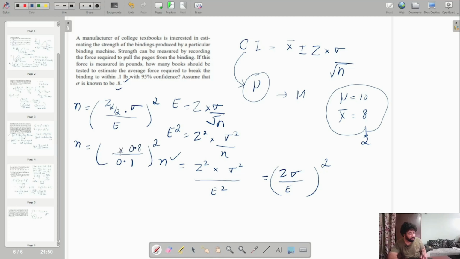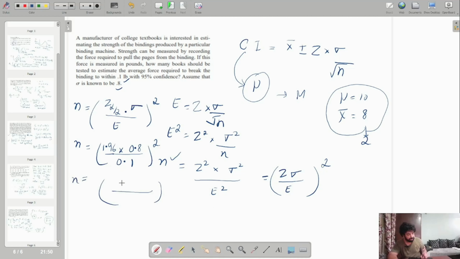What is left is to find the value of Z given alpha by 2. Since I just mentioned that the Z score is always 1.96 for a 95% confidence level on the normal probability plot, I can write 1.96 here, and because I have got this value, you just need to solve this.